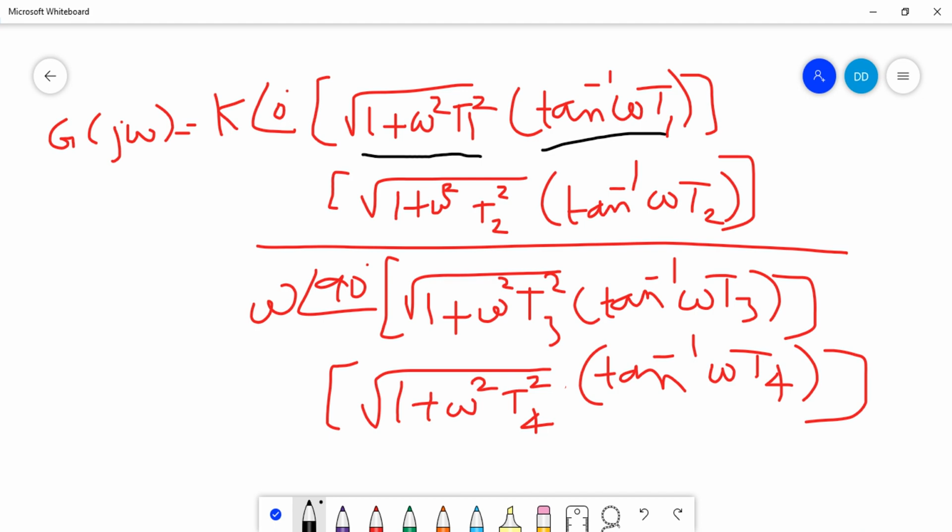Similarly, the magnitude of 1 plus j omega T2 is root of 1 plus omega square T2 square, with angle tan inverse of omega T2. Similarly, we have to do it in the denominator. j omega magnitude is omega at an angle 90 degree, and we have square root of 1 plus omega square T3 square at angle tan inverse omega T3, into root of 1 plus omega square T4 square at angle tan inverse of omega T4. So from this particular G of j omega, we need to consider the magnitude separately and phase angles separately.